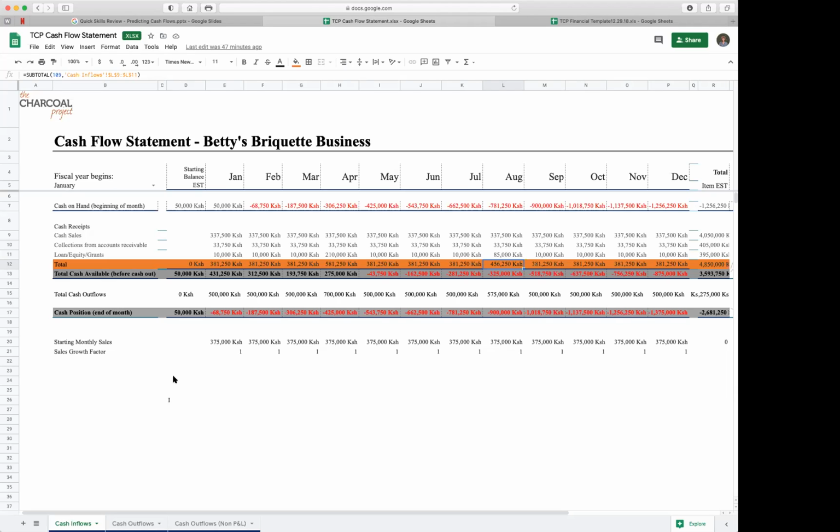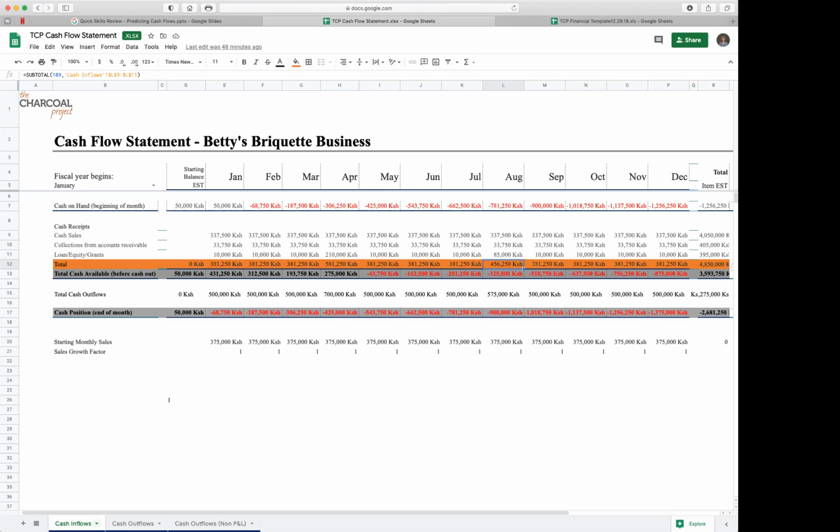For example purposes, in the initial run I have no change in sales, so she's not growing at all, and she still quickly needs cash, because she's not operating profitably. And she also has some other things. Let me quickly go through what these different tabs are, and then I will go back and explain how things are working for Betty's business, and why she's showing such negative cash.